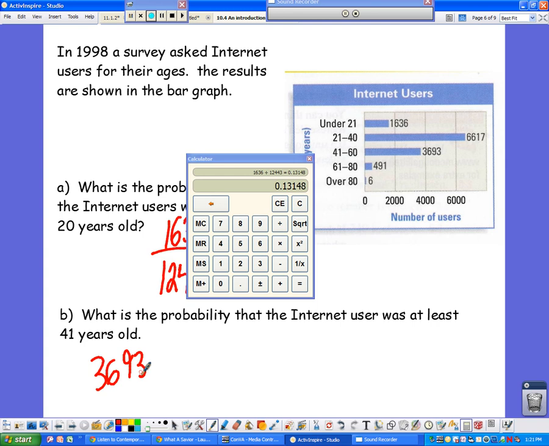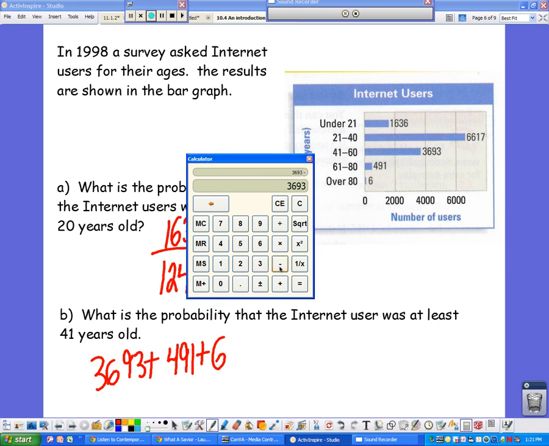So when you're looking at it, is that the only group that is at least 41 years old? And you quickly find, no, wait a minute, because these 61 to 80s are also at least 41 years old. And then you also have to include the people that are over 80. And all we're going to do is we're going to add those to get what our actual answer is.